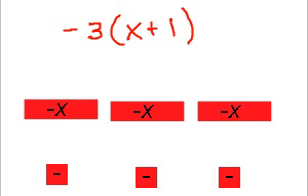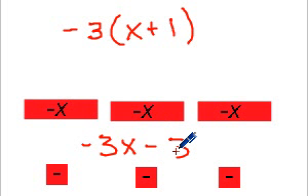So you can see I'm left with negative 3x minus 3. I'll just write that down. Negative 3x minus 3.